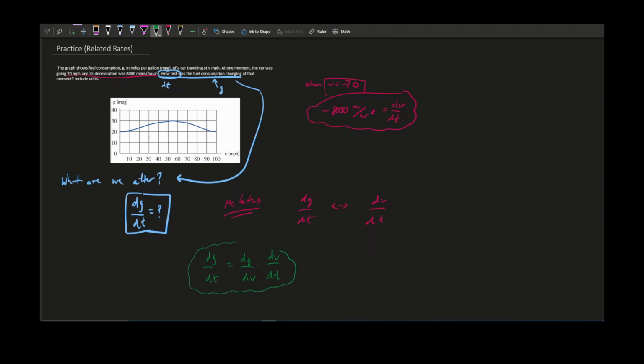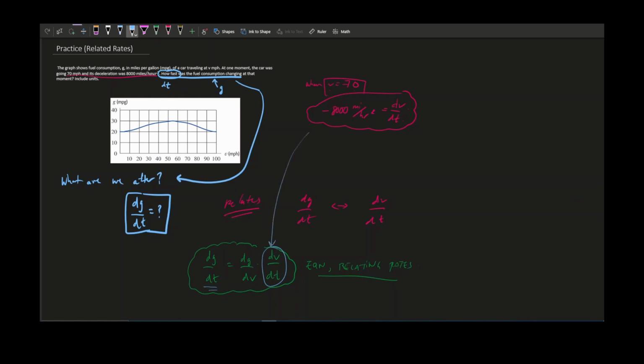So this is the equation that relates the rates. The rate that I have and the rate that I want. I want dG/dt. So at this moment, I know I have dV/dt. That's given to us right here.